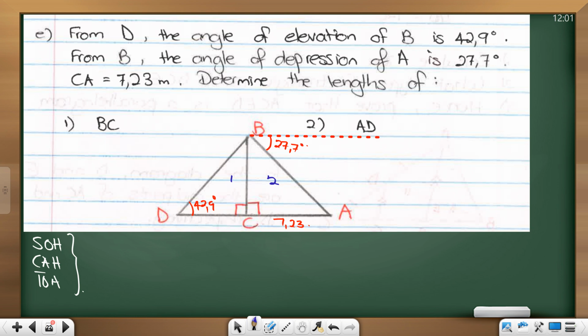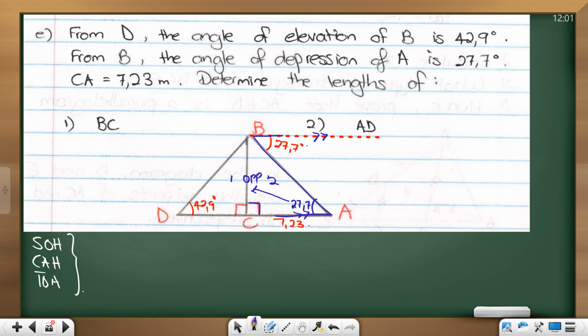But the problem is, when we measure this horizontal line, the angle is 27,7. The side facing the angle is the opposite.